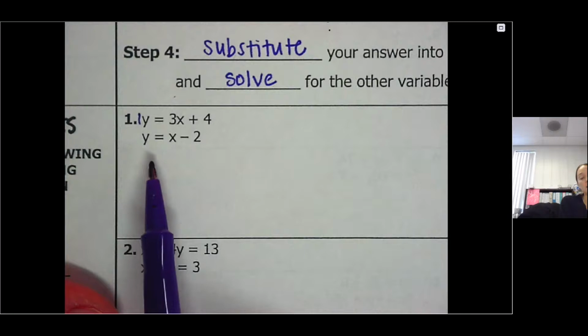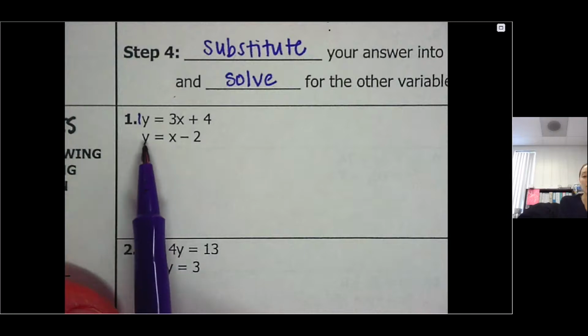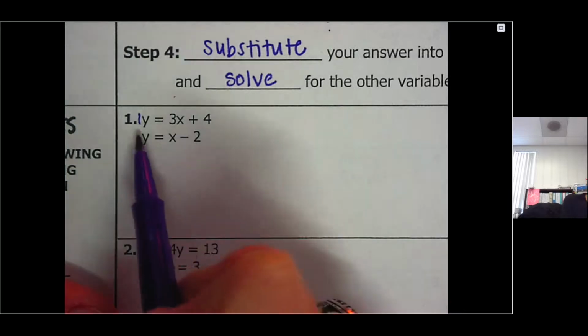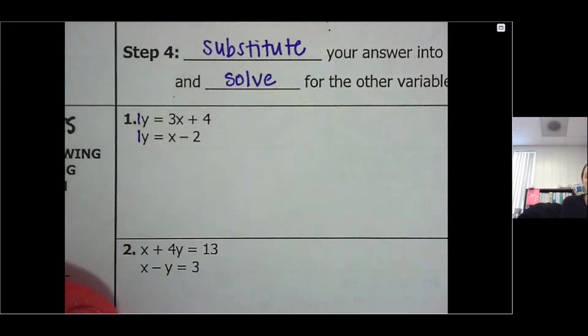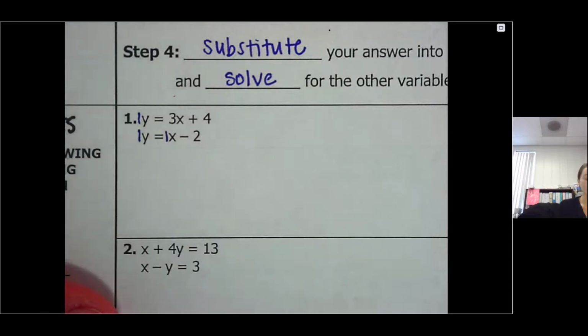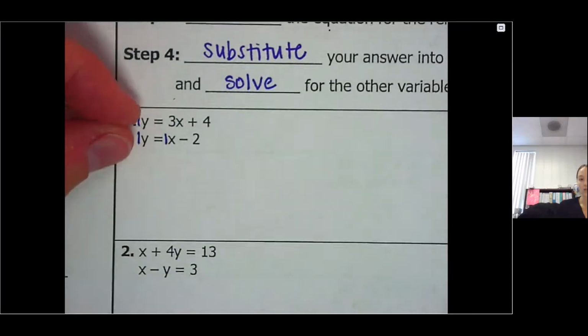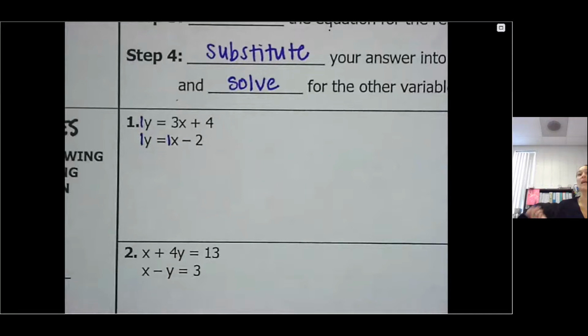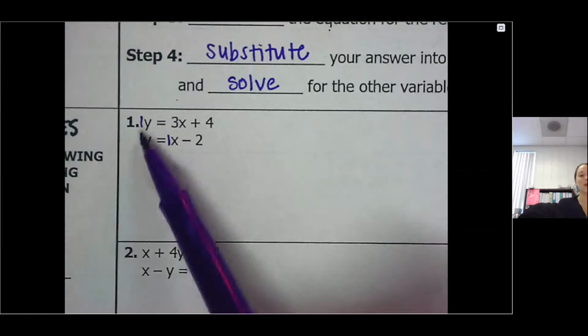Now we're going to come down to the second one. What's your coefficient with the y in the second equation? A 1 again. And then what's your coefficient for the x? A 1. So the only two that match up are your y's. So we're going to work with our y's because we want to eliminate the ones that have the same coefficient. So these both have a 1, so that's what we're going to try to do.